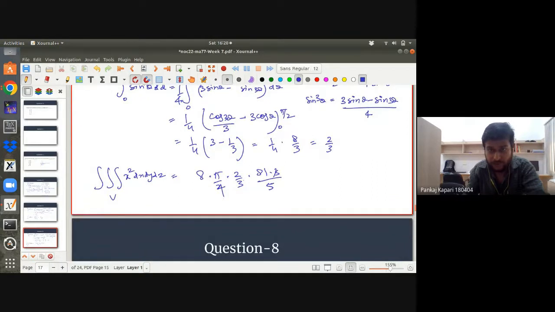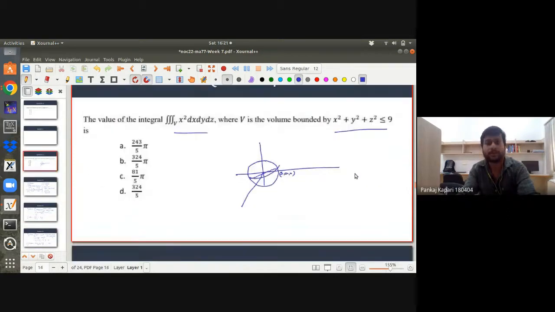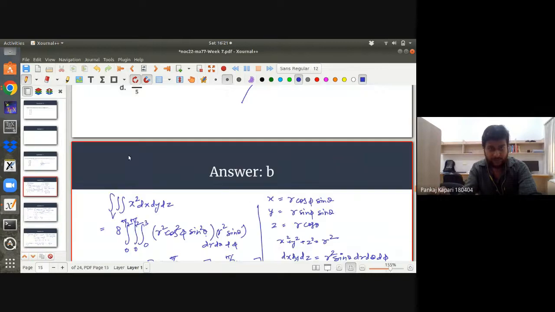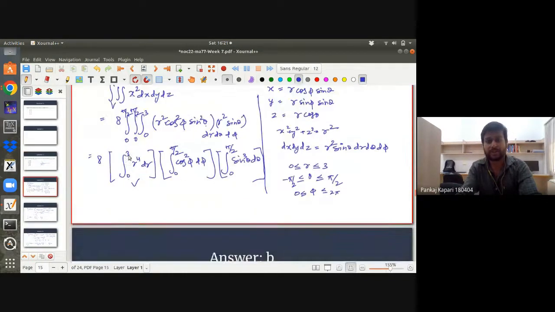So these 3 will cancel. 4 will cancel this 2 times. So 324 pi divided by 5. So that's our answer. Okay, so answer B is correct in this case.